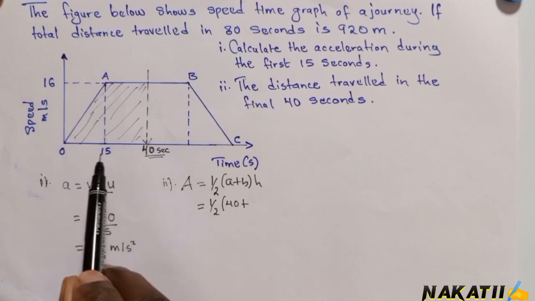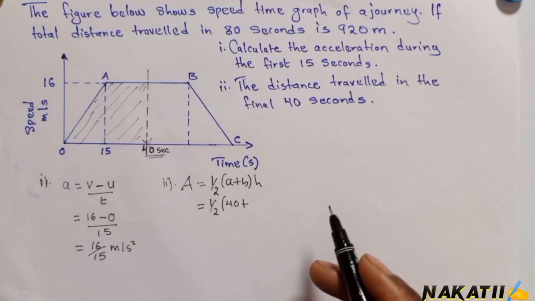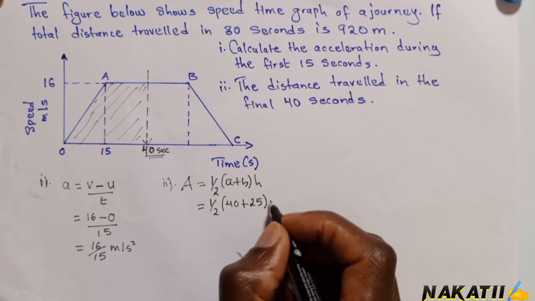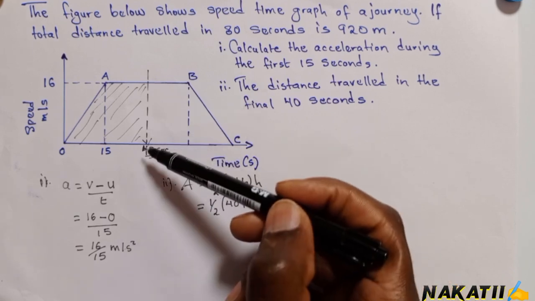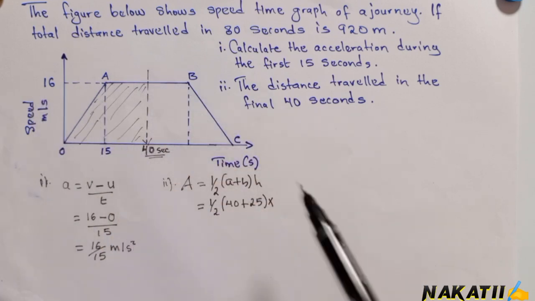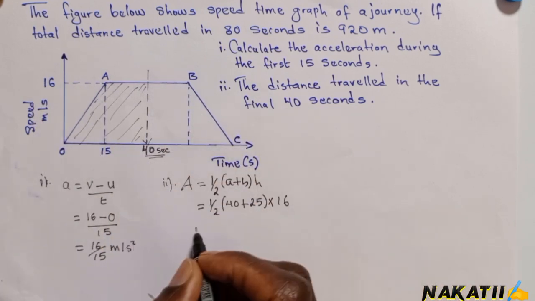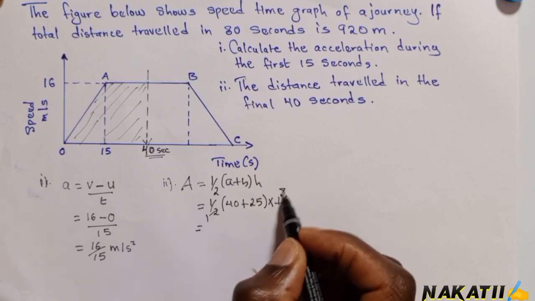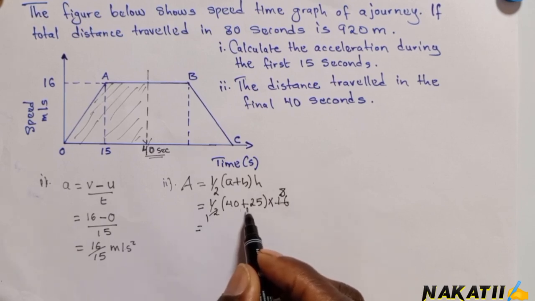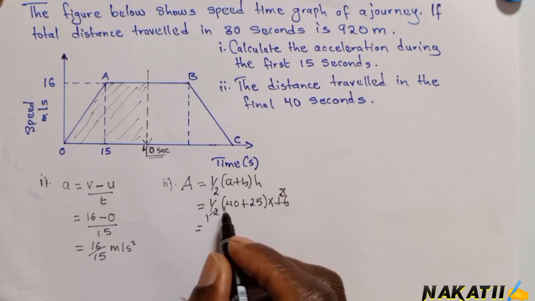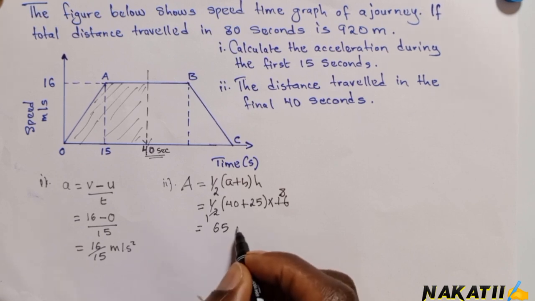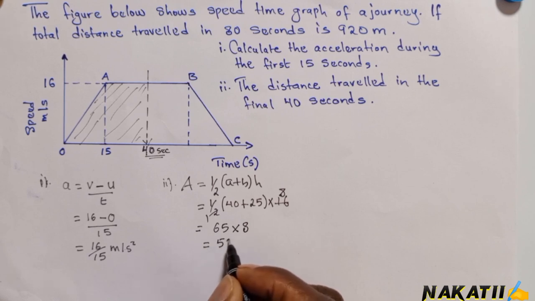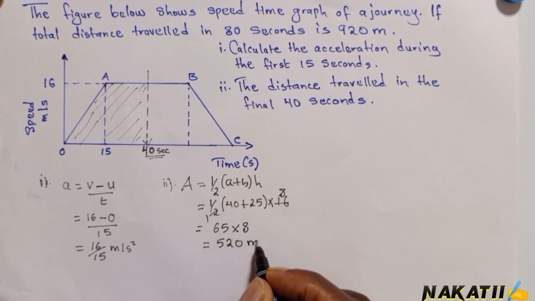If this is 40, then 40 minus 15 gives 25. Multiplied by the height, which is this length, 16. When you simplify, 1 by 2, 16 gives 8. 40 plus 25 gives you 65, multiplied by 8. We get 520 meters.